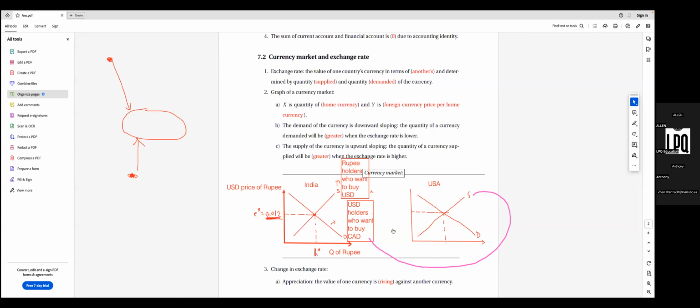So here it is rupee, not CAD. But who are the demand side? Who demands American dollars? Rupee holders who want to buy USD.